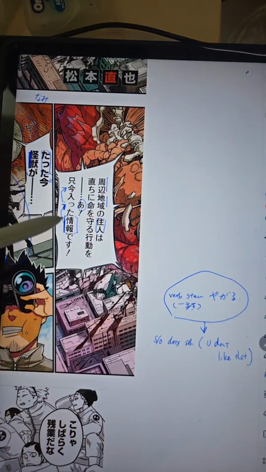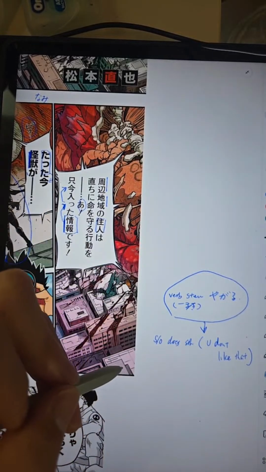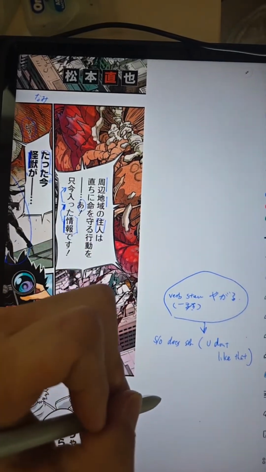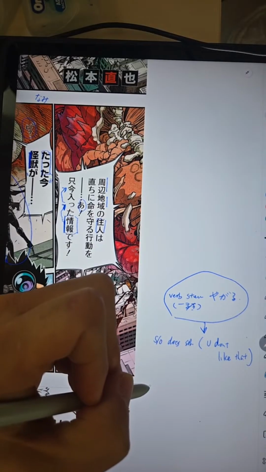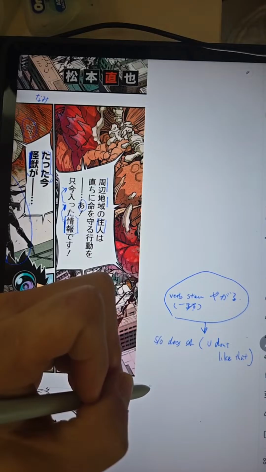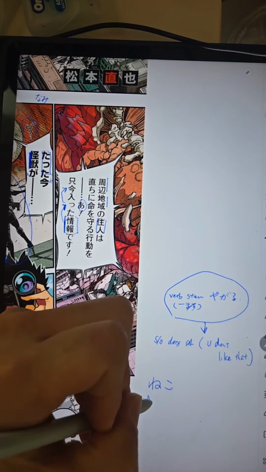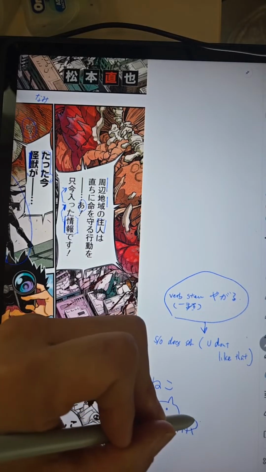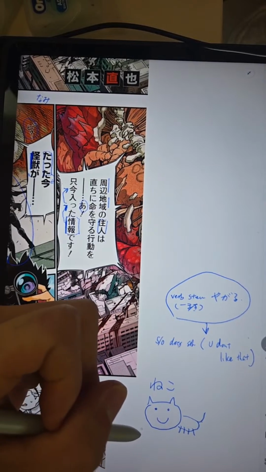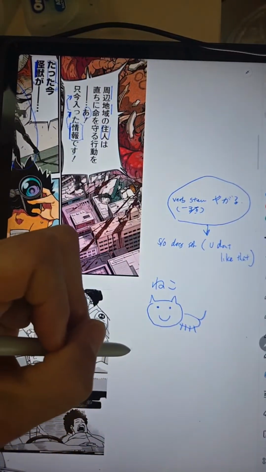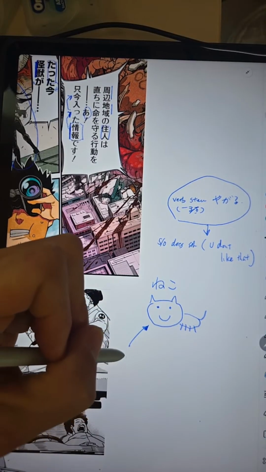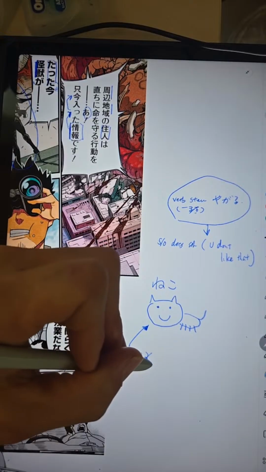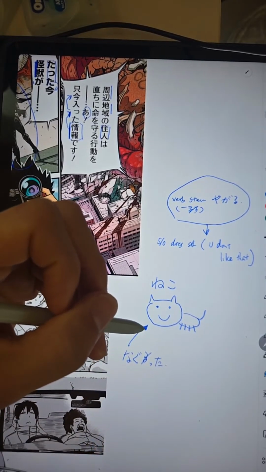I'll explain. So, for example, let's say your friend or roommate or whoever, right? Let's say you have a pet. Let's say you have a neko-chan, right? And then let's say your roommate is a terrible person. Your roommate unfortunately hit your cat, naguru. In this case, you can say ルームメイトが私の猫を殴った。My roommate punched my cat, right?